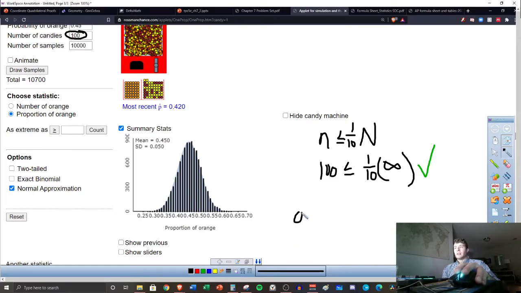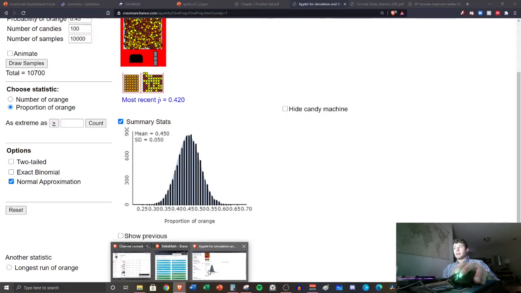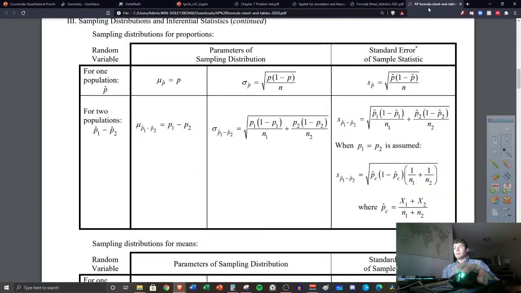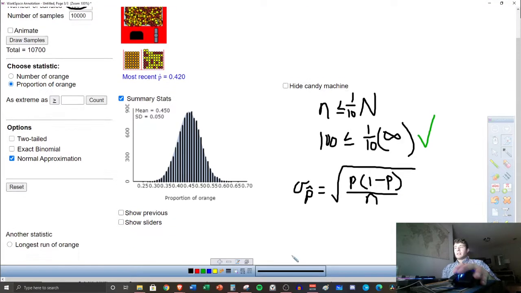So we use sigma of p hat, our symbol, is equal to, we have our formula, the square root of p times 1 minus p over n. That is the formula we wrote down. So let's do that.